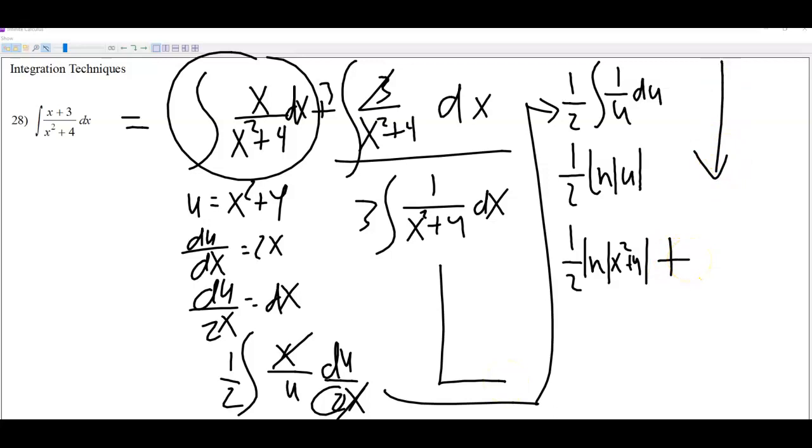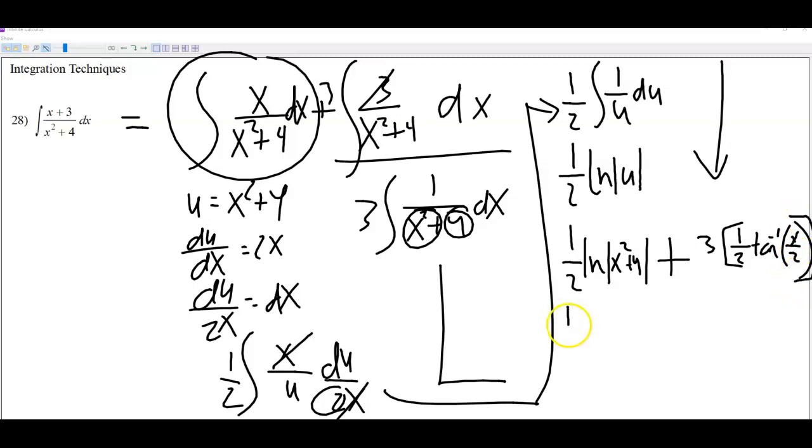It's going to be 3, and then arctangent. Oh, sorry. I'm going to put a fraction in the front, actually. 1 over a. A is the square root of that number. Arctangent of square root of that over a again. And I can't fit my c in there, but I will at the end.